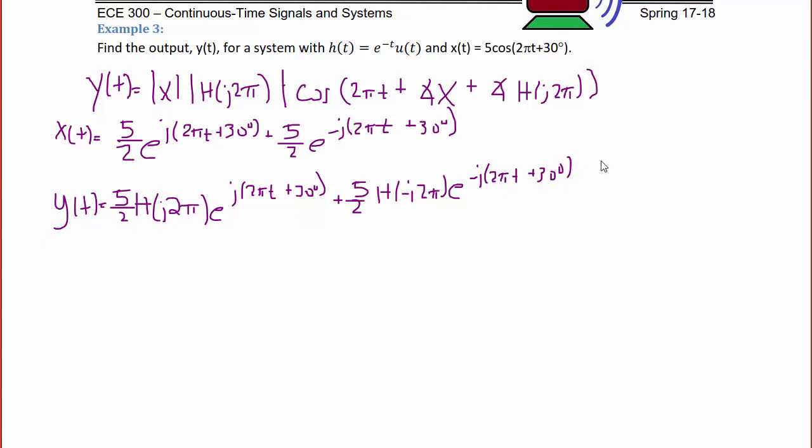Now we know h of t is real, so H(jω) has Hermitian symmetry. Because of that, we know that H(-j2π) equals H conjugate of (j2π).